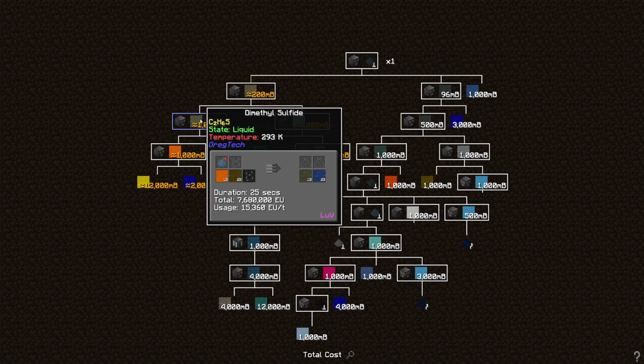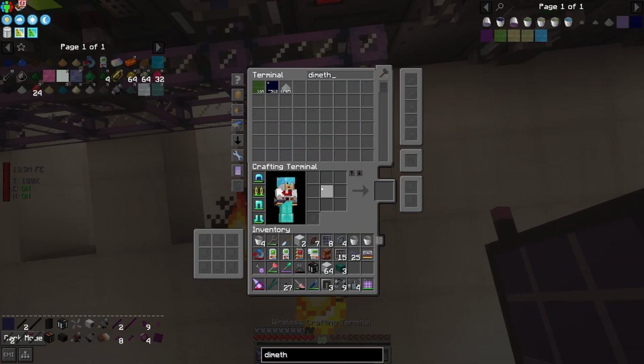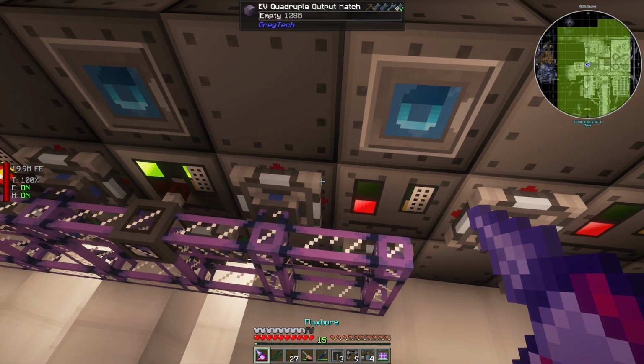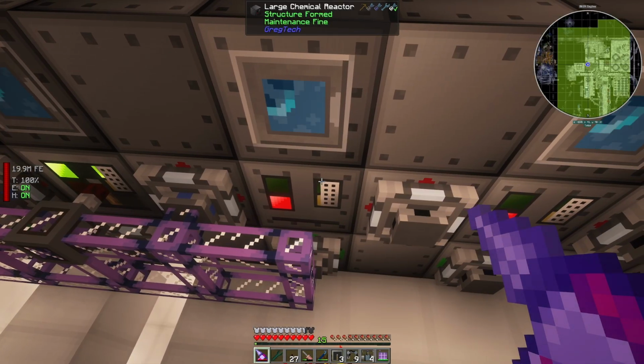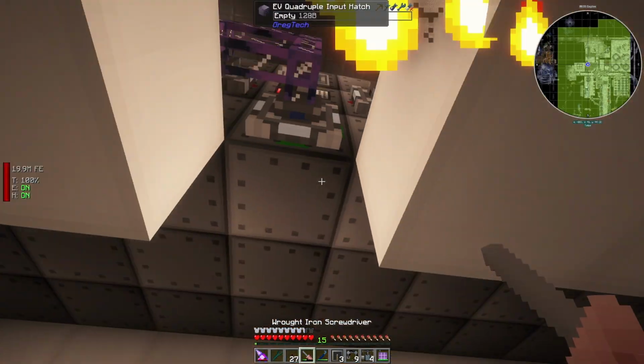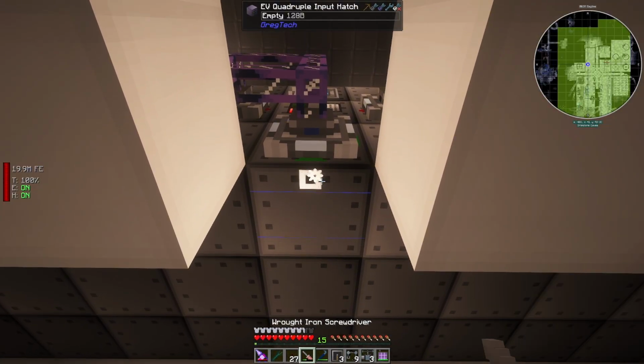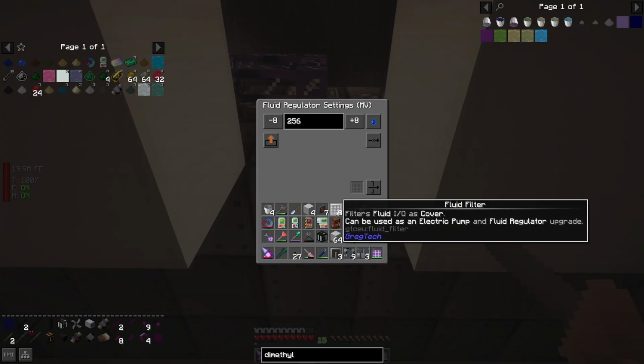All right, next we have sulfide. There's the dimethyl sulfide. I don't think we have that, right? Looks like no. Okay. Next, dimethyl sulfide. I don't remember if I made a storage cell for this.